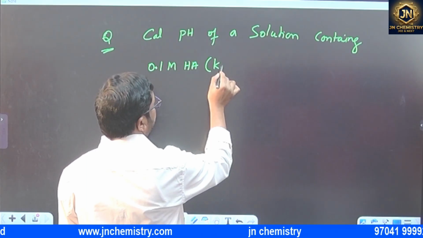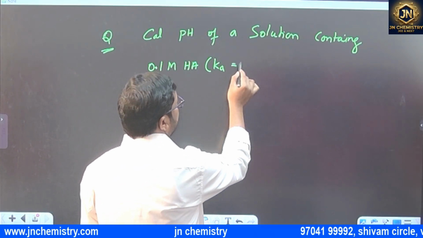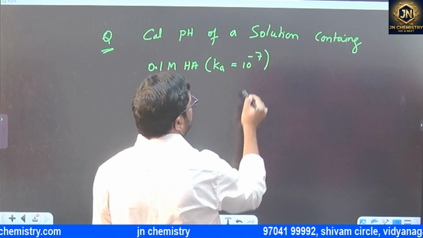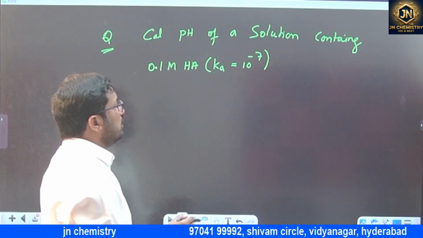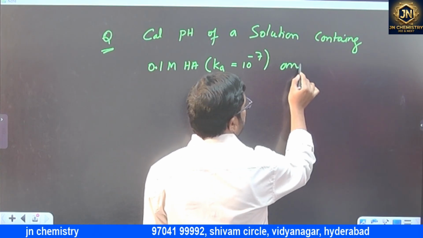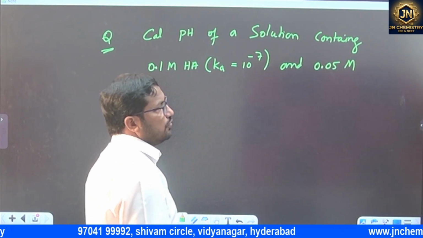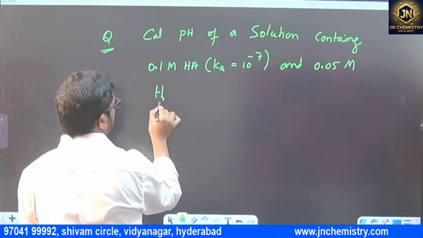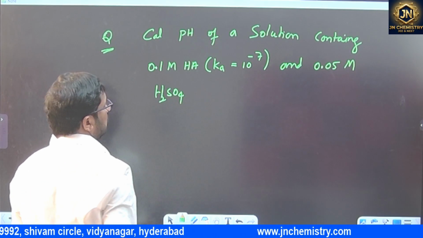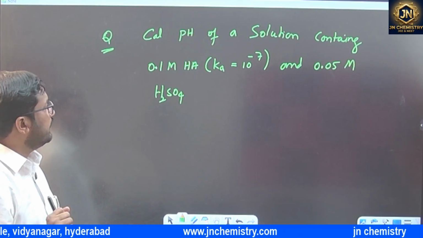Ka is given means what? Weak acid. Ka is equal to 10 to the power of minus 7, and 0.05 molar H2SO4. To calculate pH, only pH.